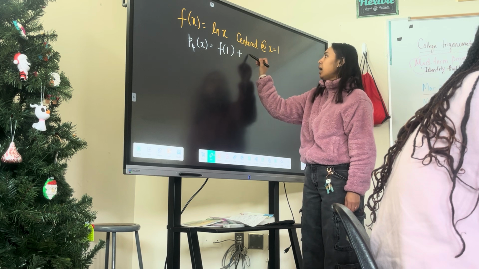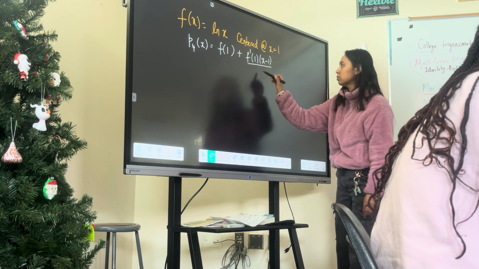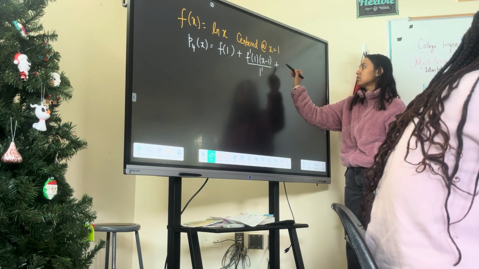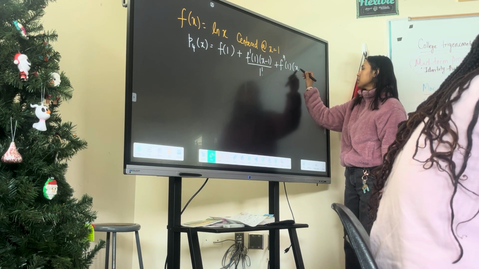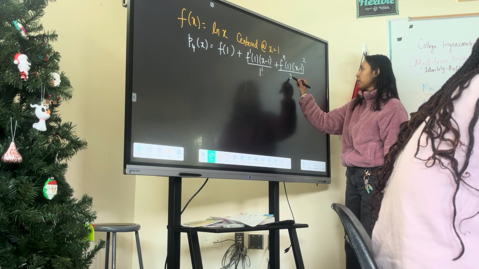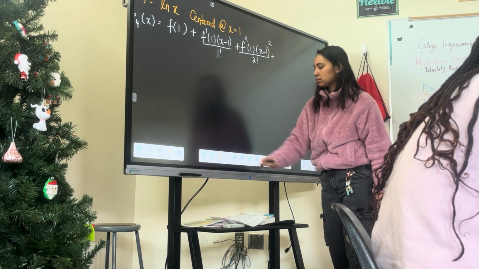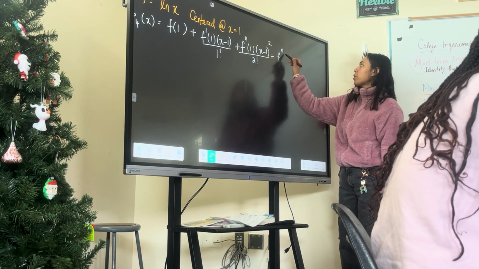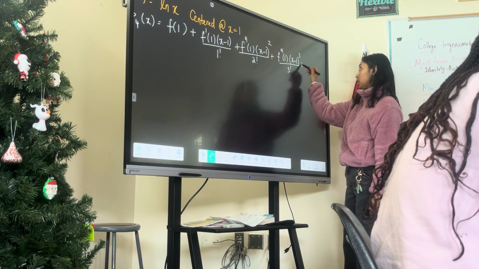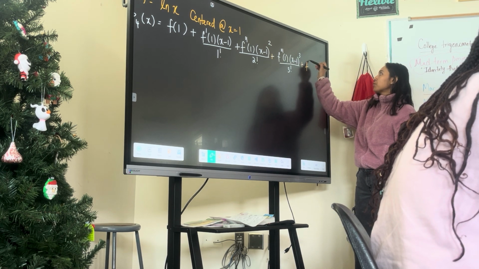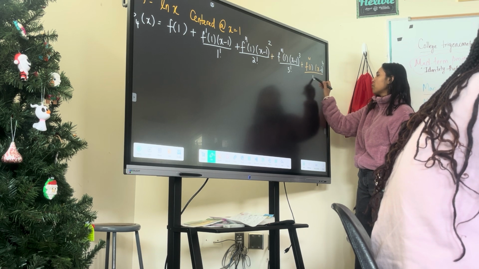Plus f prime of 1 times x minus 1 over 1 factorial, plus f double prime of 1 times x minus 1 squared over 2 factorial, plus f triple prime of 1 times x minus 1 cubed over 3 factorial, plus f fourth derivative of 1 over 4 factorial.